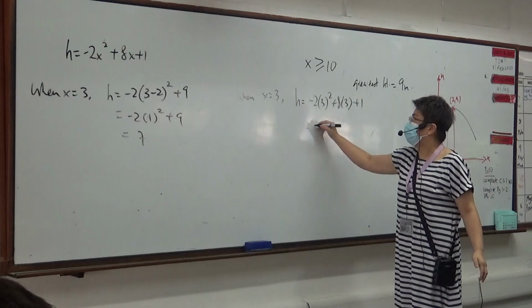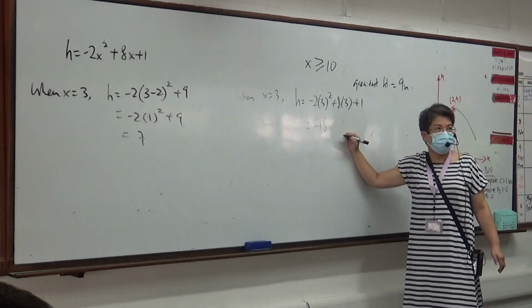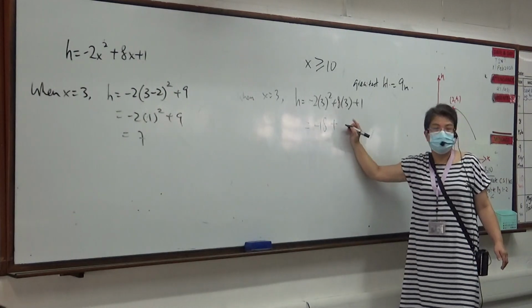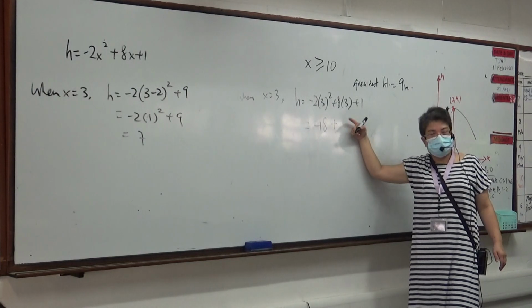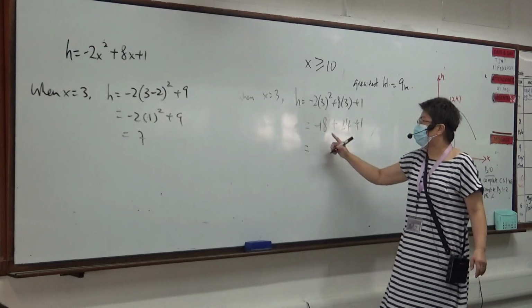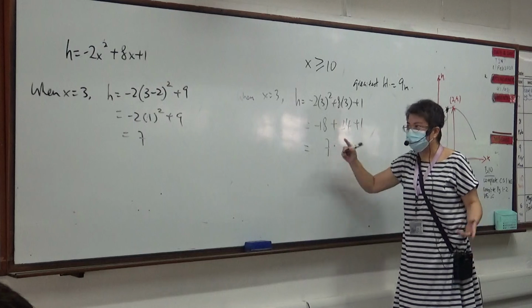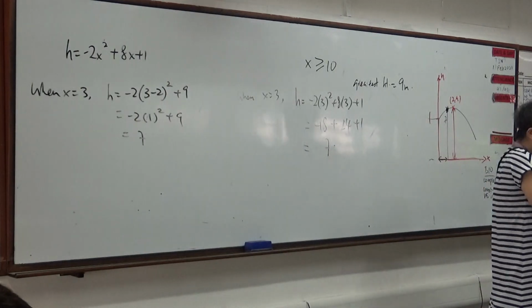Now what does this give me? Negative 18, plus 24, very good, plus 1. Negative 18 plus 24 is 6, plus 1 is 7. Can you see it's the same? Don't need to worry. Understand now?